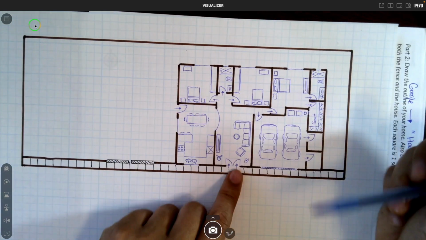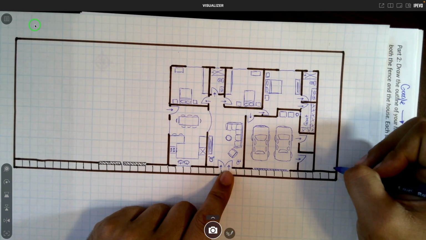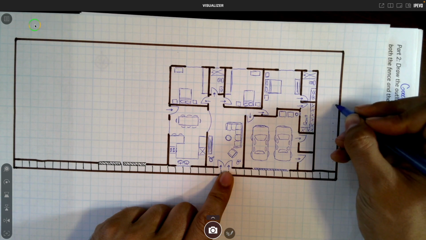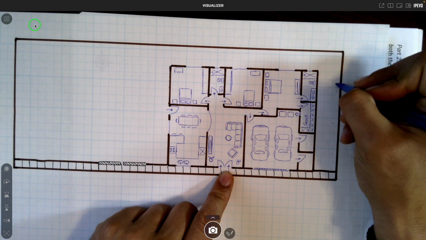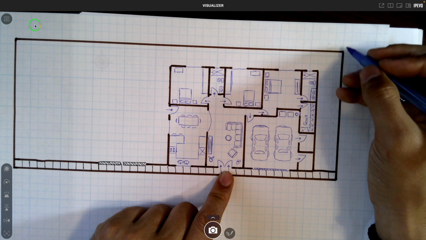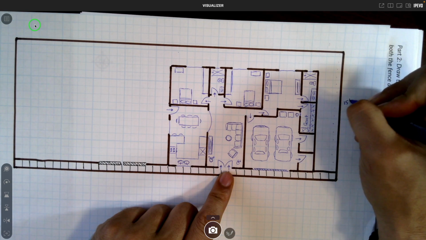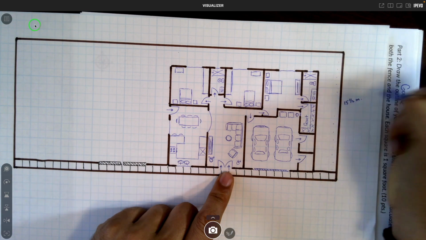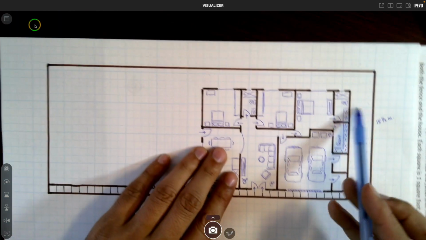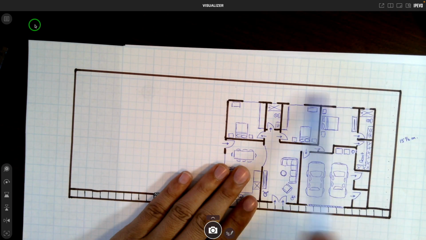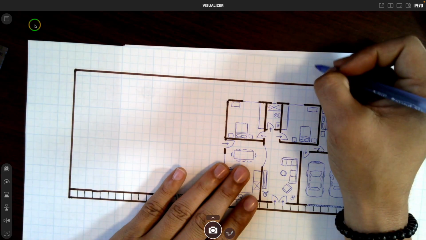Okay, so in my case, I'm going to count all these squares. 1, 2, 3, 4, 5, 6, 7, 8, 9, 10, 11, 12, 13, 14, 15, and a half. So this is 15 and a half meters from my parents. And then I'm just going to save you guys the trouble. I already know the number. This is 47 meters.